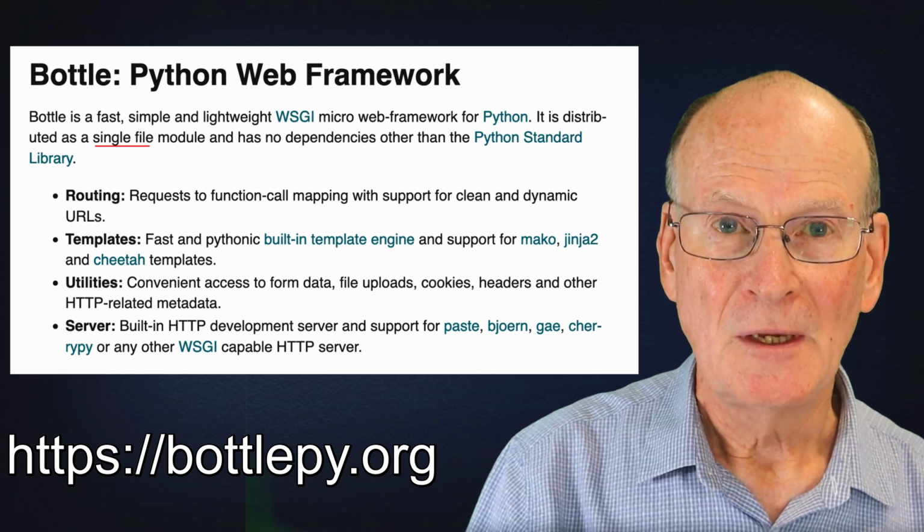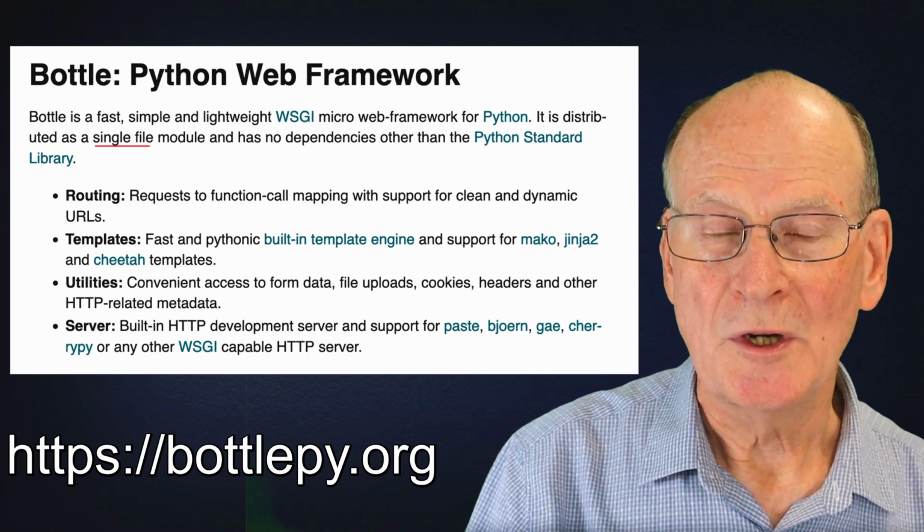You can also build your own microservice using web protocols. For that, you need a web server, a program that listens for HTTP requests and returns results. I'm going to do an example of this, but I'm going to use a really super simple web framework called Bottle. And I'll show you how that works in a moment.